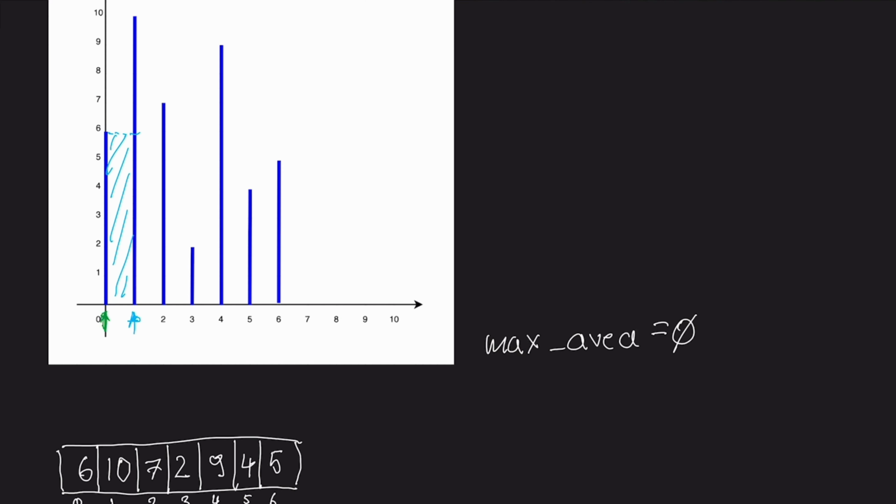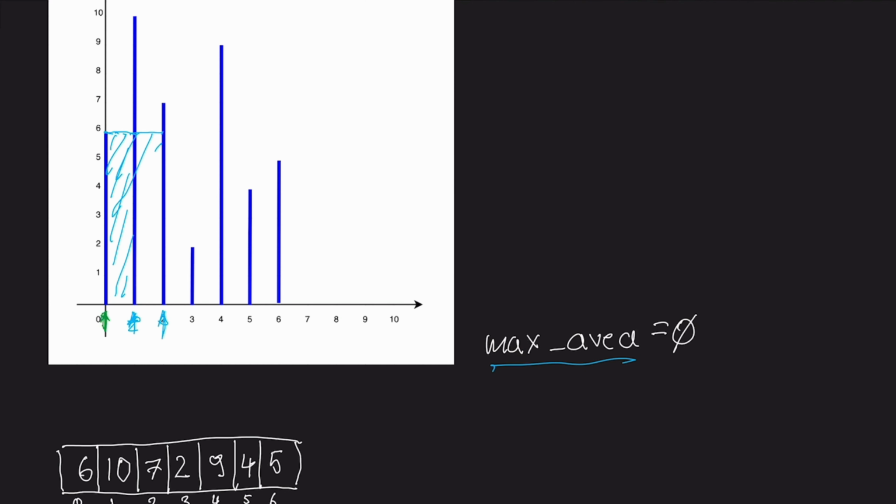We would check whether the area is greater than our max area so far. It is, so we would update max area, and we would move the right side to the next bar, and we would find another rectangle. This rectangle would be a wider rectangle with the same height.